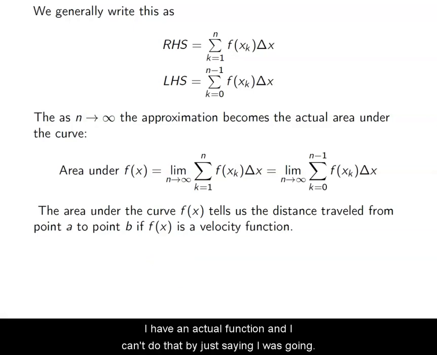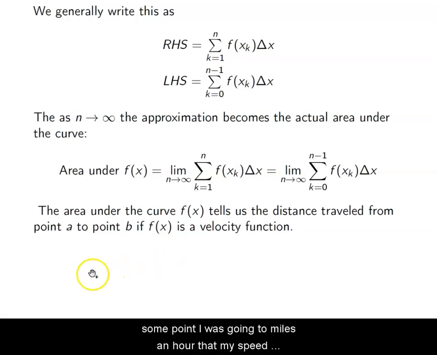And I can't do that by just saying, oh, well, I was going 10 miles an hour the whole time, but I wasn't, because maybe at some points I was going 50 miles an hour, some points I was going 2 miles an hour, that my speed was changing over time, which it does. I should still be able to talk about how far I've traveled. And that's what this does. The area under the curve allows us to talk about how far we've gone from point A to point B, or from time A to time B.